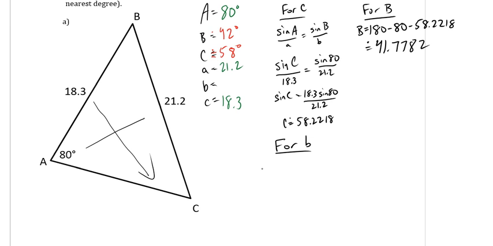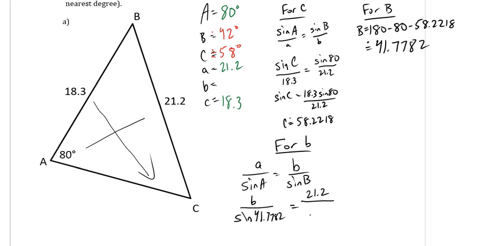And so we get sine, and I'm looking for a side length now, so a over sine A equals b over sine B. And so that is little b over sine of that angle, 41.7782, equals, and I'm going to use the givens here, even though I've got lots of information.